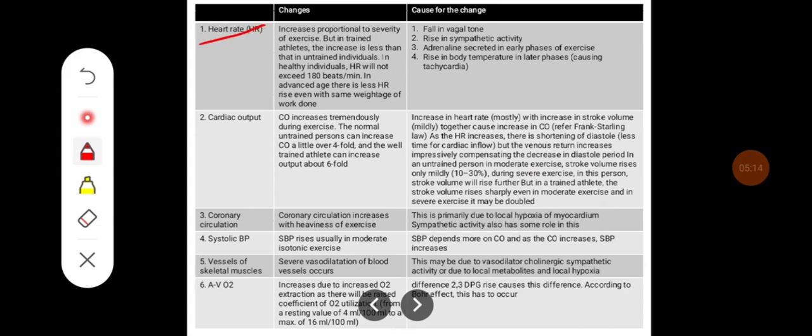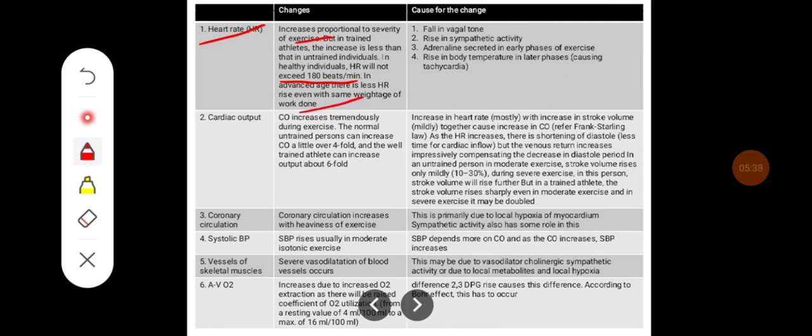The heart rate increases proportional to the severity of the exercise, but in trained athletes the increase is less than that of untrained individuals. In healthy individuals, heart rate will not exceed 180 beats per minute. In advanced age, there is a smaller heart rate rise even with the same amount of work done.